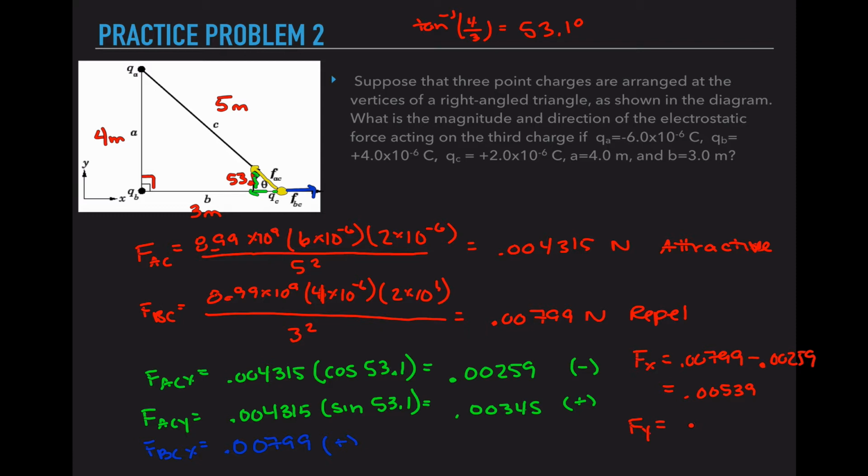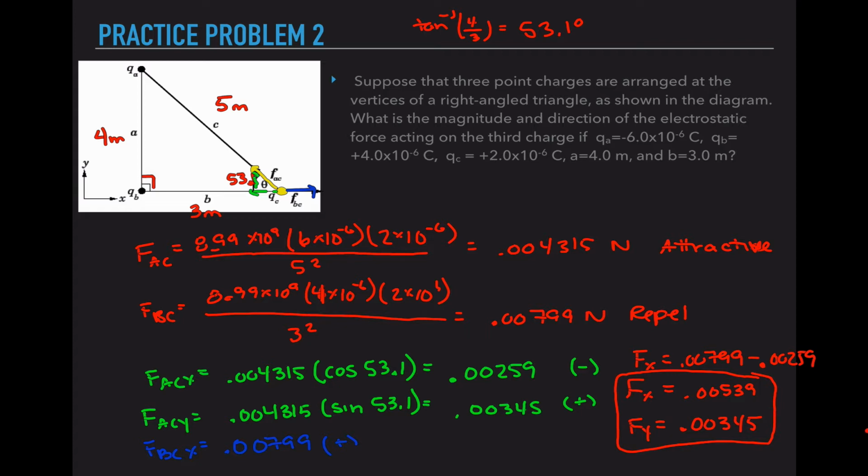F in the y direction, there's only one, so it's 0.00345. Okay, so these are the two values that we are going to use for our last two steps.